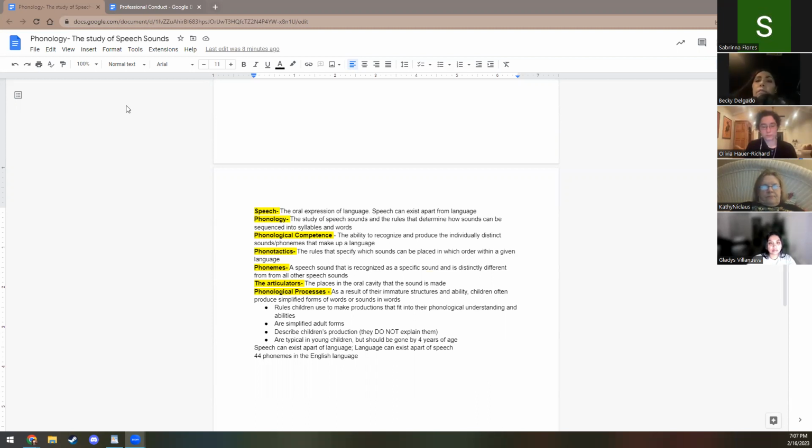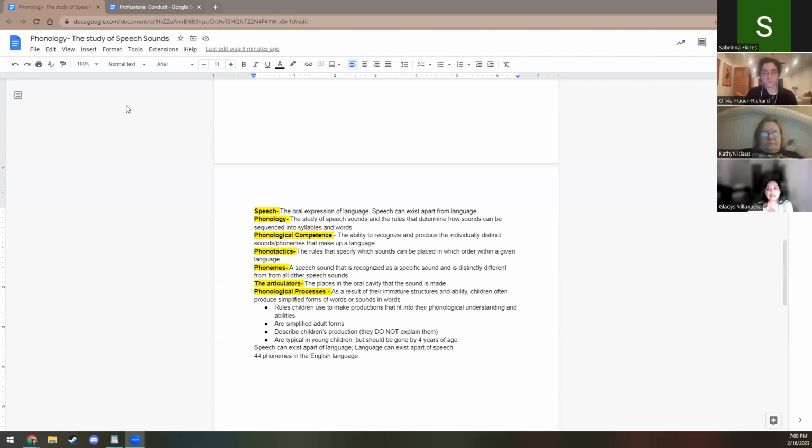Then you have phonotactics, the rules that specify which sounds can be placed in which order in a given language. An example that I really liked was that you can't have the R and M sounds together in a word because that's just gibberish.